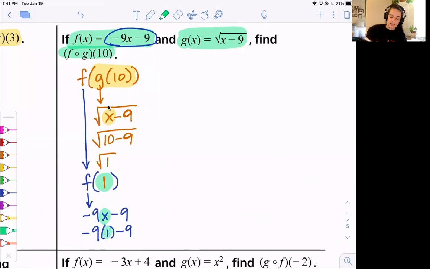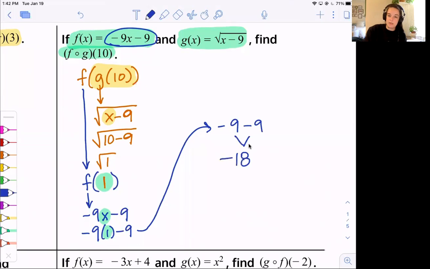What's negative 9 times 1? Thank you for that private message, it is negative 9. And then I still have this negative 9 here, minus 9. So negative 9 minus 9, combine those together, I get negative 18.